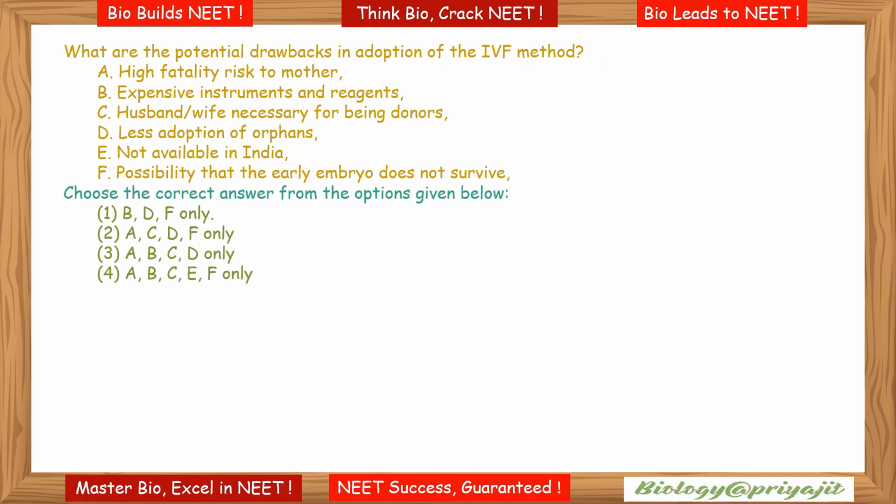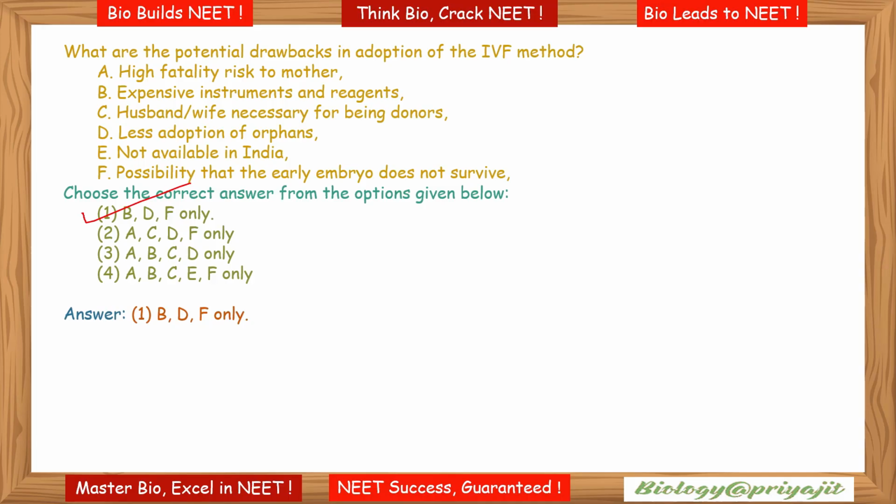Next, what are the potential drawbacks in adoption of the IVF method? Here the correct answer will be option 1, BDF, because the potential drawbacks in adoption of the in vitro fertilization method are expensive instruments and reagents, as the assisted reproductive techniques require extremely high precision handling by specialized professionals and expensive instruments.